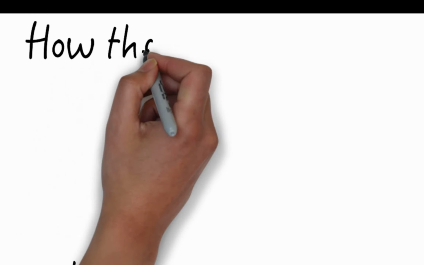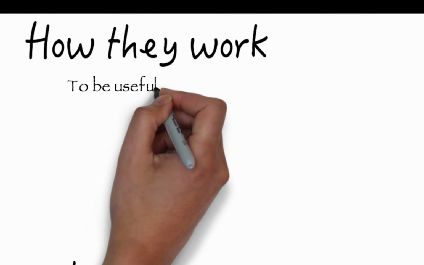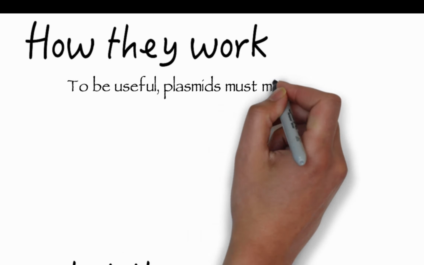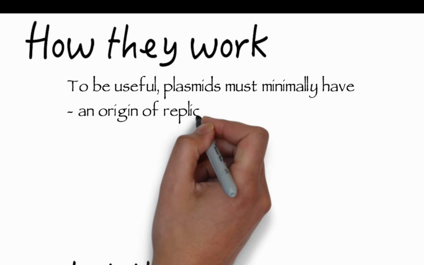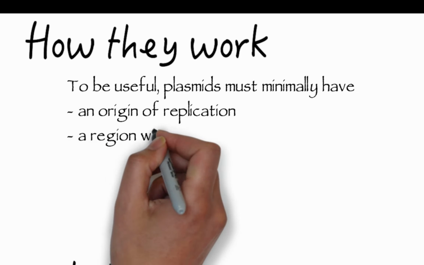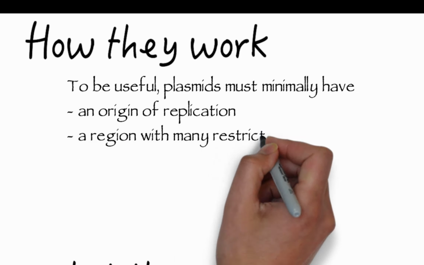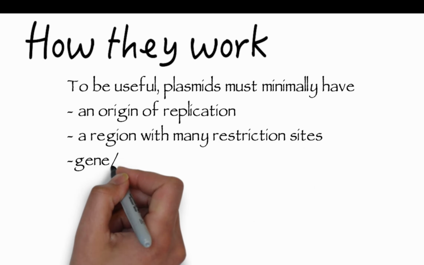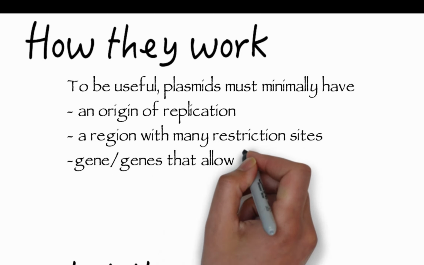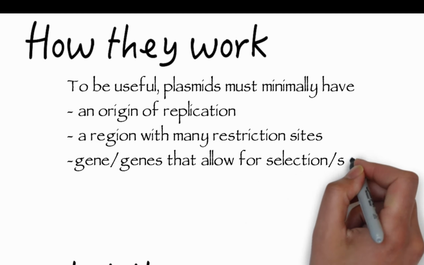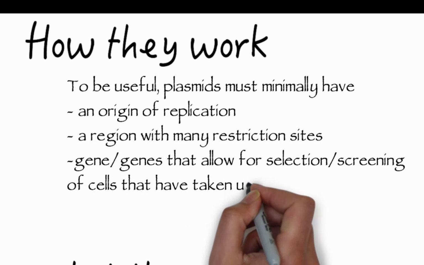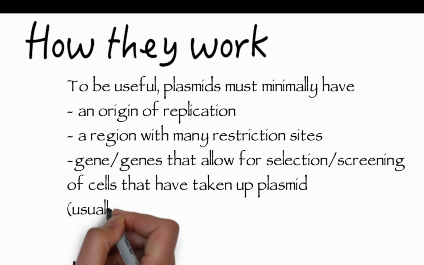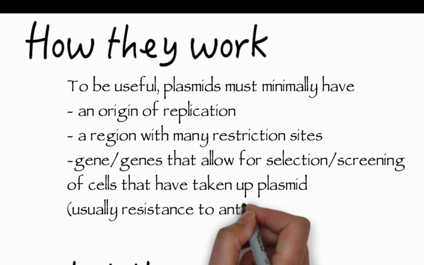So how do these work? Well, to be useful, a plasmid must minimally have an origin of replication, a region with many restriction sites, a gene or genes that allow for screening or selection of cells that have taken up the plasmid, usually a gene that conveys antibiotic resistance.